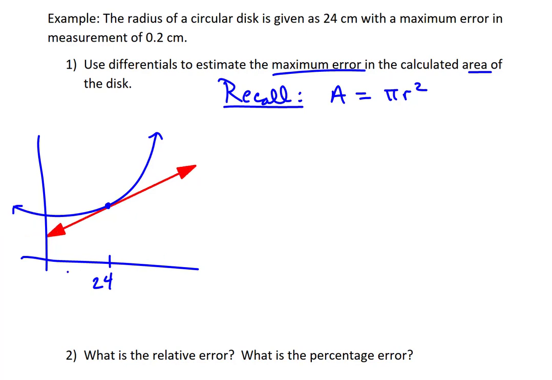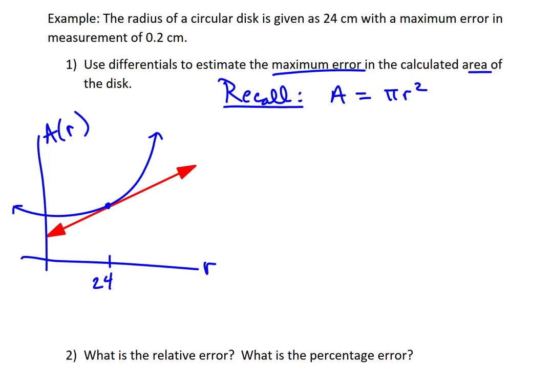So really the x-axis in our little diagram, we could call it the r-axis. It's like for various radius measurements. And then the function, the y-axis or the curve itself, you could call A of r. That's the actual area you get from any given radius according to the formula.